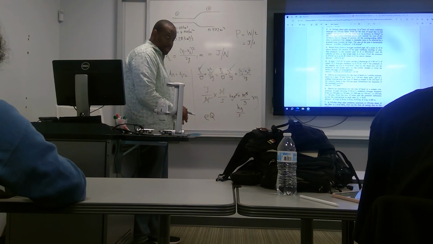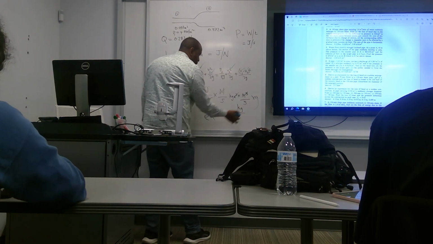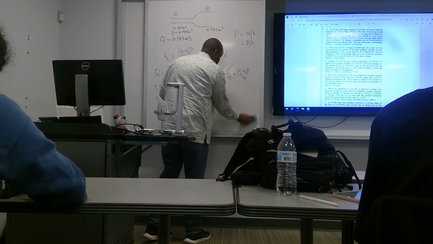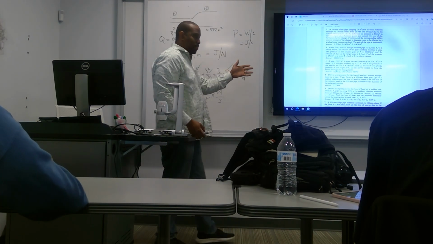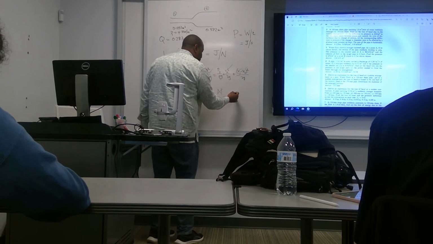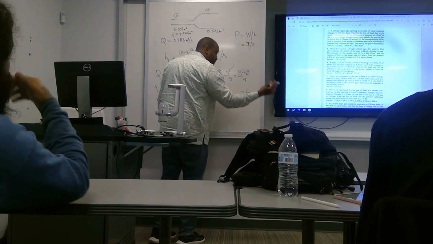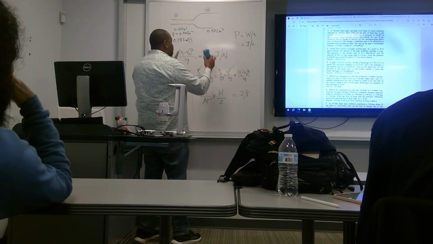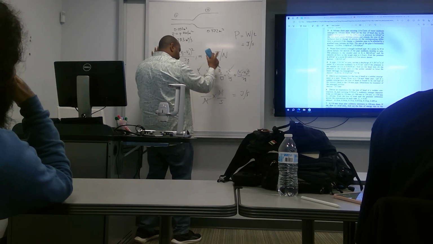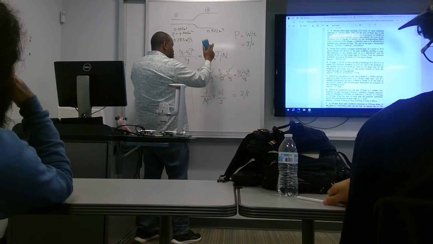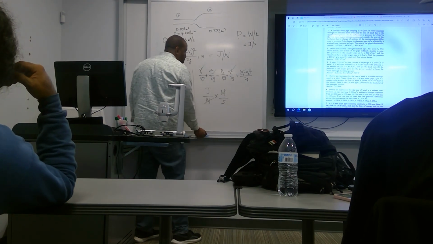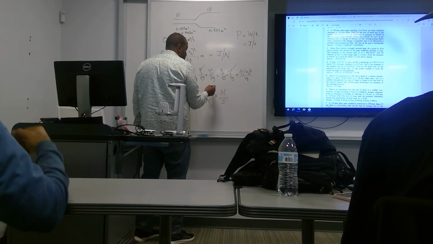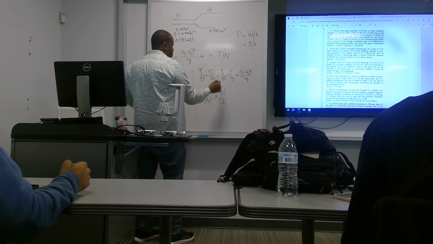I'll start over again. We want to find the power. We want to get to joules per second. But remember, this equation we have here is in joules per newton, or in meters. So we need to figure out a way to multiply this by this.